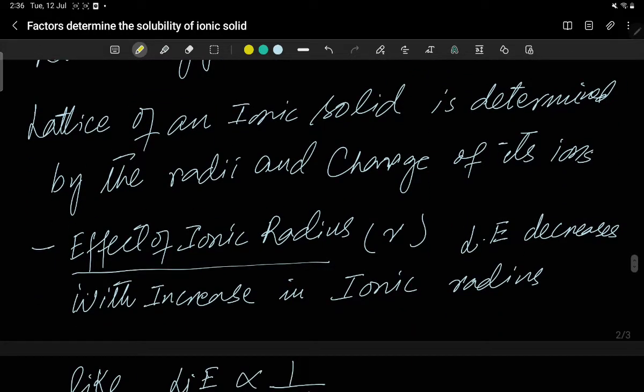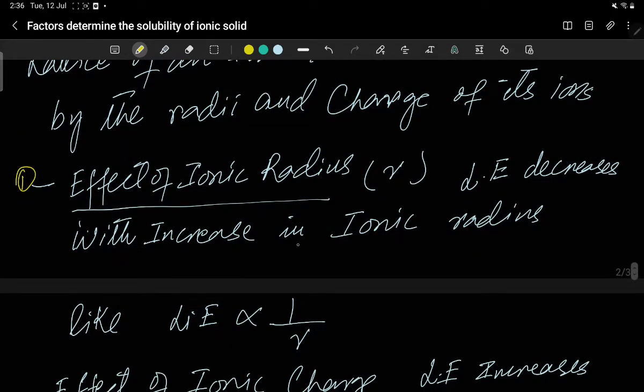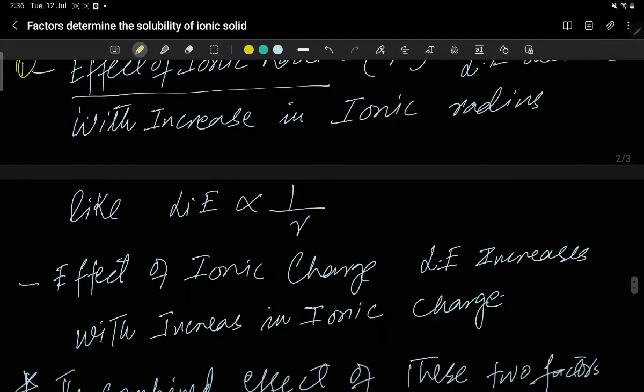Effect of ionic radius. First factor is the effect of ionic radius. Lattice energy decreases with increase in ionic radius because it is inversely proportional to the ionic radii. If ionic radius is smaller, lattice energy is increased. If ionic radius is greater, the lattice energy is smaller.